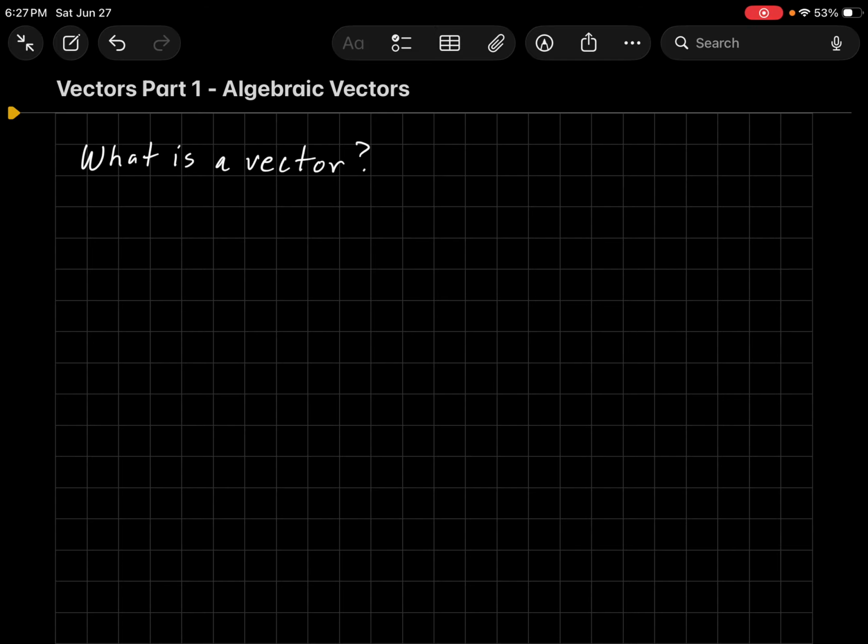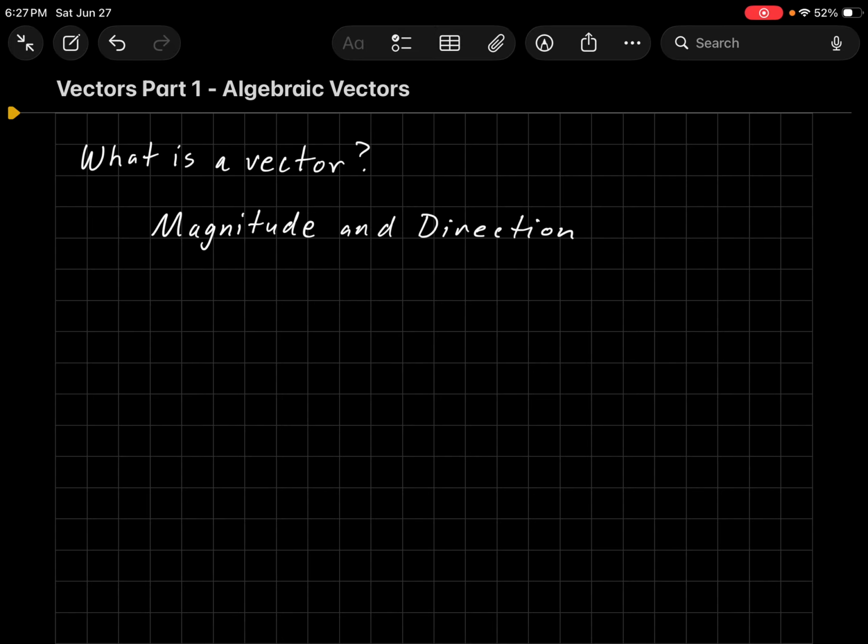So a vector is something that has a magnitude, how big it is if you would, and a direction. And often in physics, vectors are represented with arrows, which I would call a geometric vector, something I will talk about in the next video.